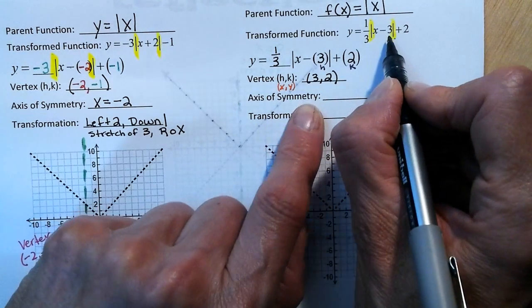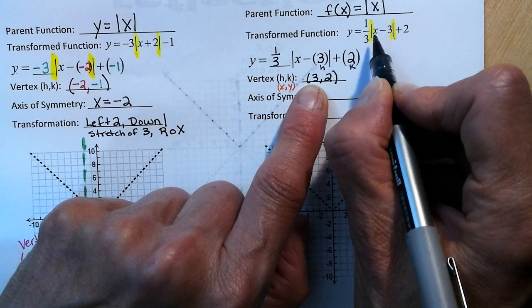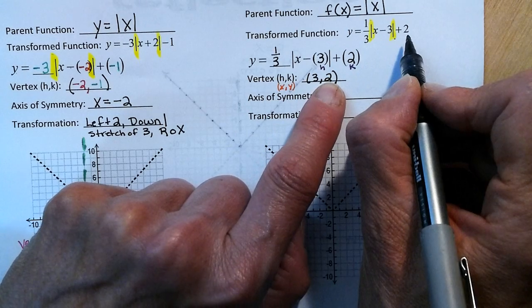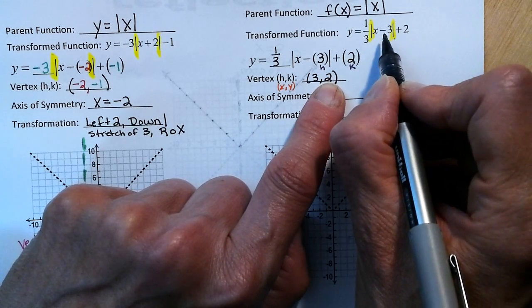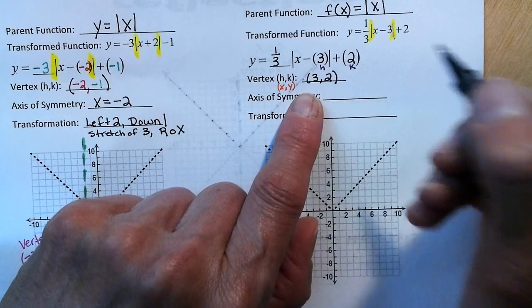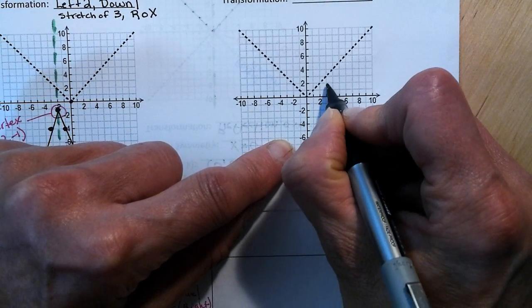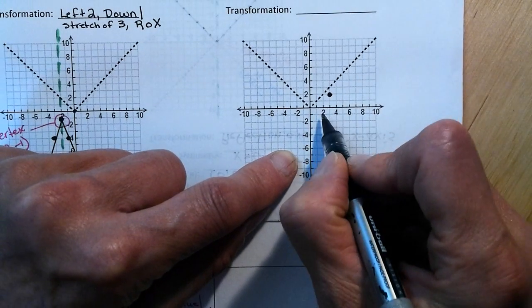Notice my x value is the opposite of what I see inside my original equation, and my y value, or my k value, is exactly what I see on the outside. Opposite, same. So that's my vertex. Let's go ahead and plot that.